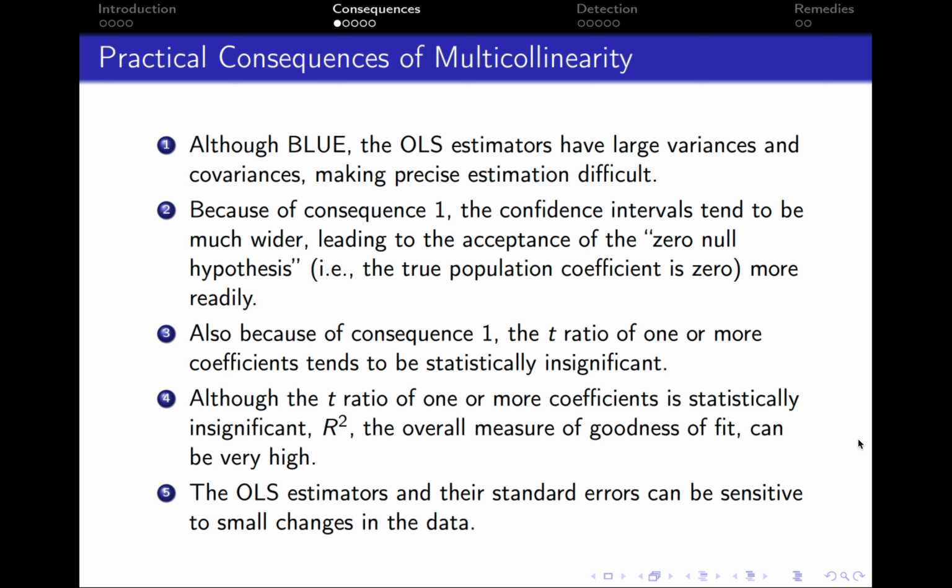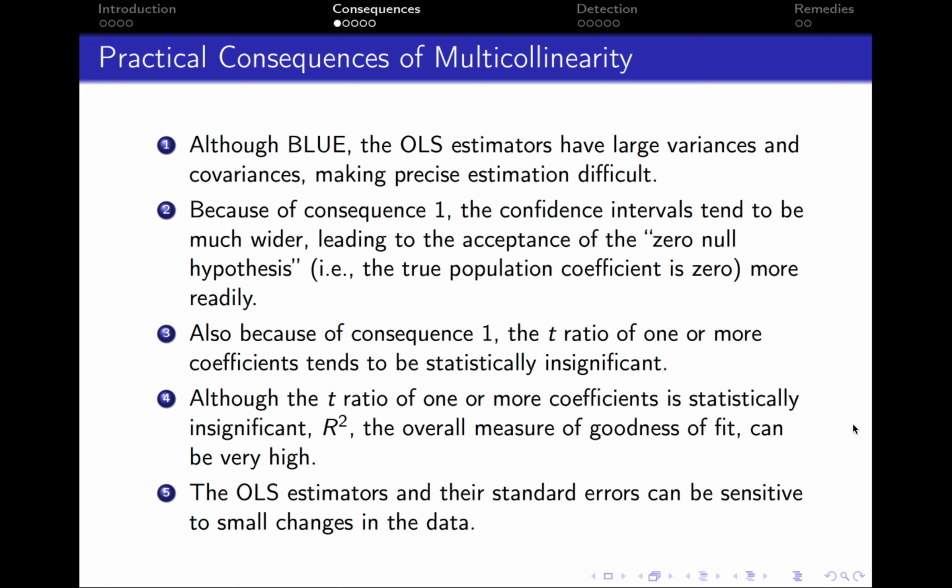This is actually one of the ways multicollinearity can be detected. I will come back to it later during the detection section. But from this property, you already know that if you have statistically insignificant t ratios but a very high coefficient of determination, most probably you have multicollinearity in your data.